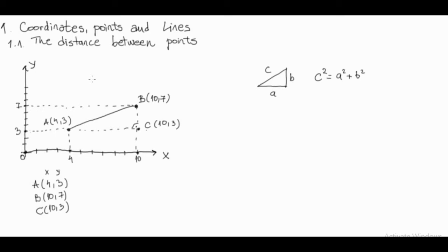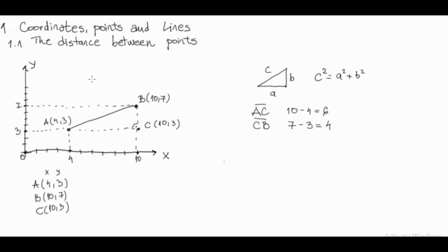It is easy to see that AC has the length of 10 minus 4 equals 6, which is the difference between the x-coordinates, and CB has the length of 7 minus 3 equals 4, which are y-coordinates.